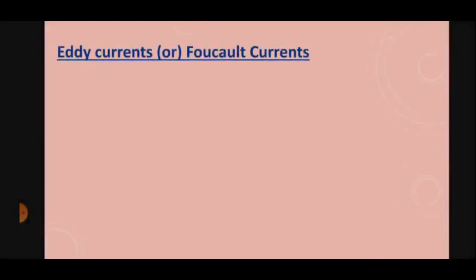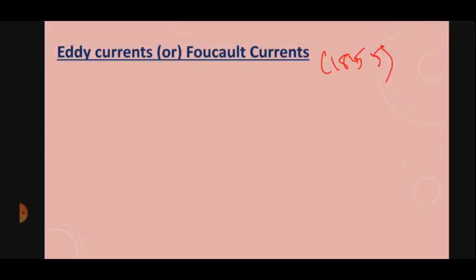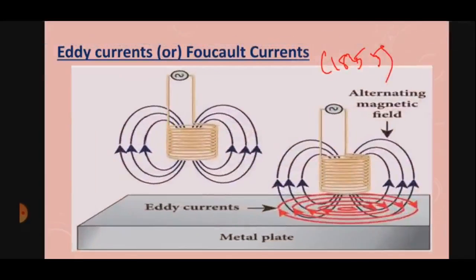Okay, next, let us go to eddy currents, sometimes called Foucault currents. Students, Leon Foucault in 1855 studied electromagnetic induction taking place. It is not necessary to have a circular coil or coil of wire; electromagnetic induction can also take place in a metal sheet.